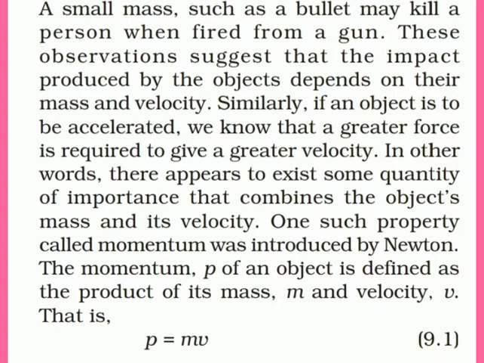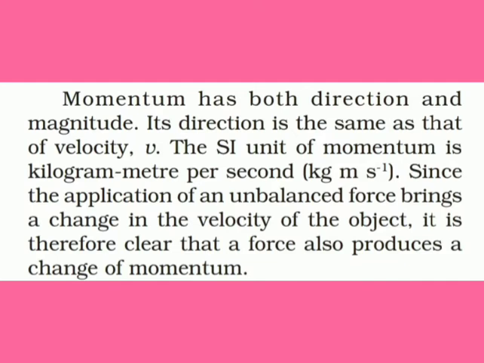One such property called momentum was introduced by Newton. The momentum p of an object is defined as the product of its mass m and velocity v, that is, p equals m times v. Momentum has both direction and magnitude. It is a vector quantity.